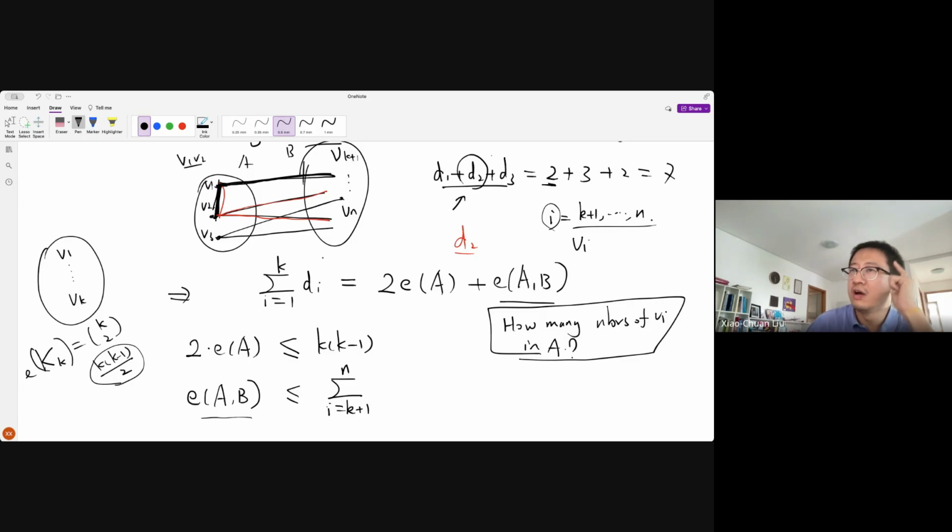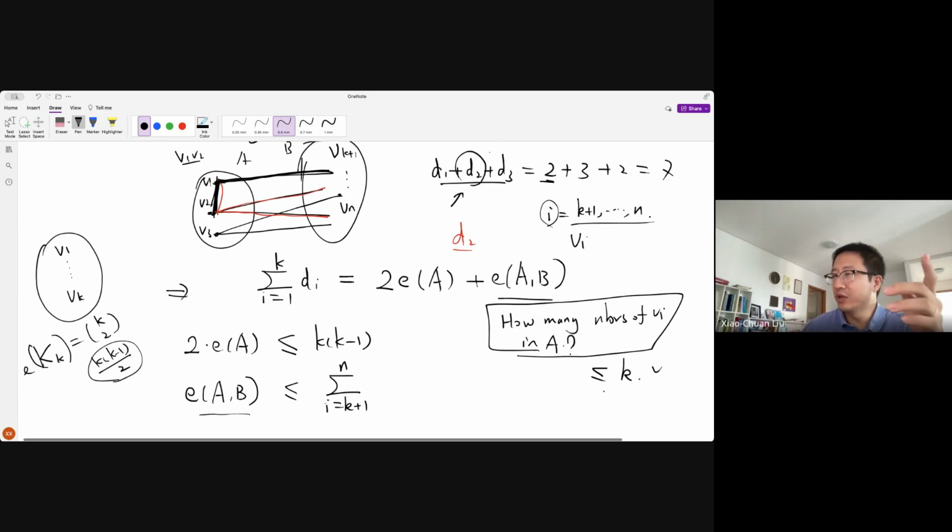First of all, this set A has at most k vertices. So this number is smaller or equal than k. You cannot get a number of neighbors of Vi more than the size of A. And also, you know the degree of Vi is Di.